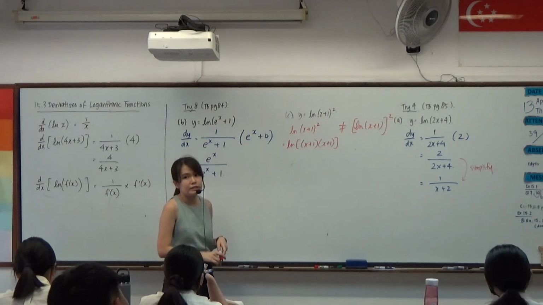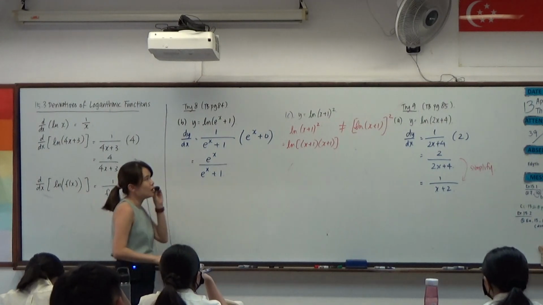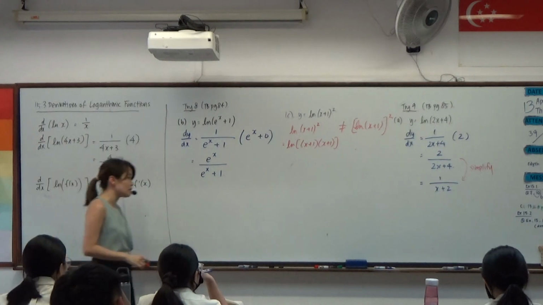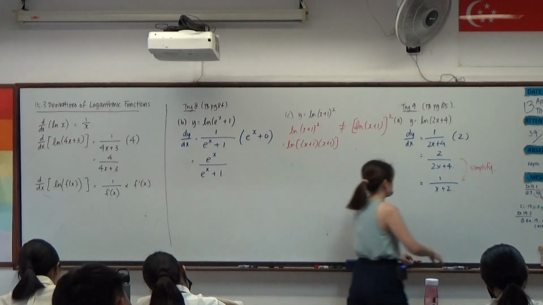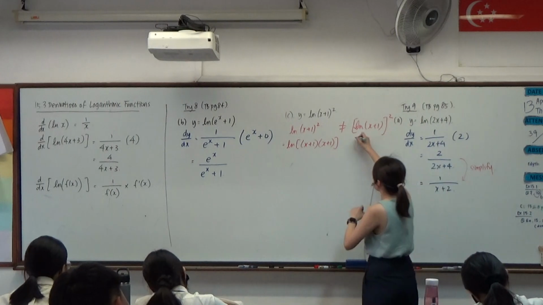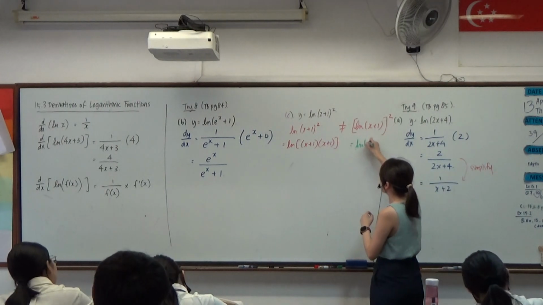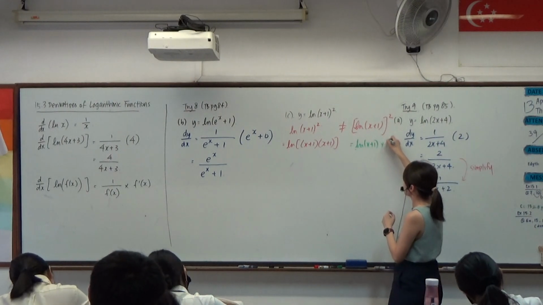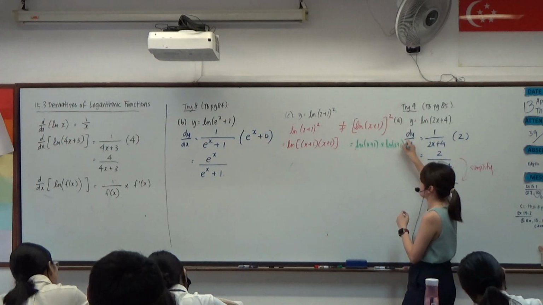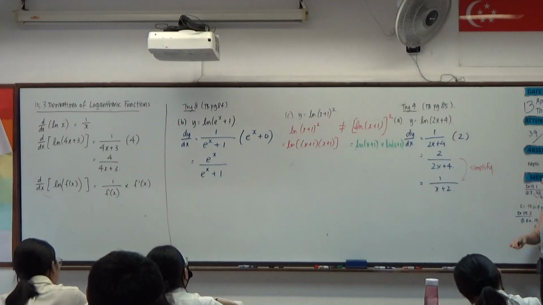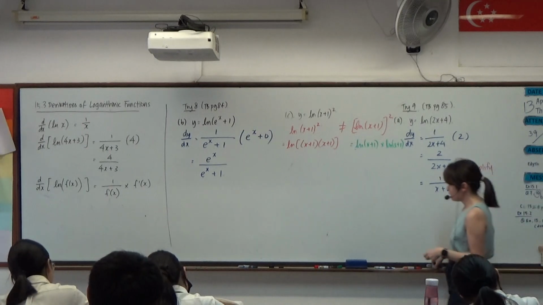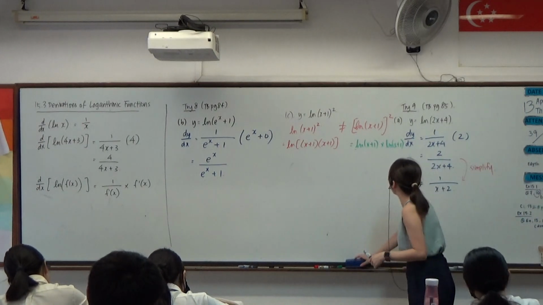Okay, they are not the same. So do be careful about how the brackets are being placed or whether the brackets are there or not. Because in this case, what this means is ln x plus 1 times ln x plus 1. So there are 2 logarithms. Okay? So do be aware about that.